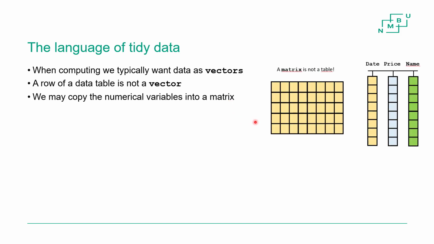And here is my picture of how I would draw a table and a matrix. And notice the difference. In a table, the columns are the entity, and the different columns can have different data types. In a matrix, columns are not special. Rows and columns are on equal terms here. And notice all the cells must be of the same data type.